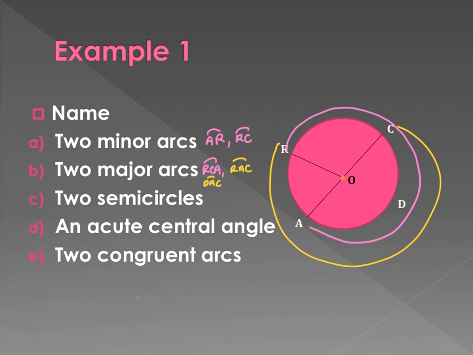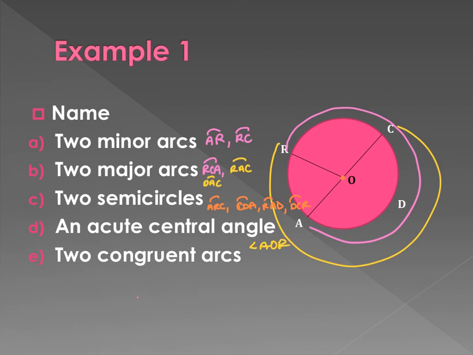Good question. All right, then 2 semicircles. So we just use 2 as an example, right? ARC and CDA. CDA, yep. RAD, DCR. All of those work for semicircles. Okay, an acute central angle would be what?